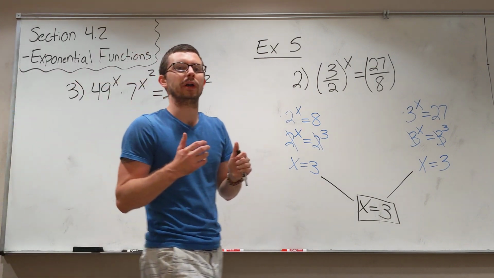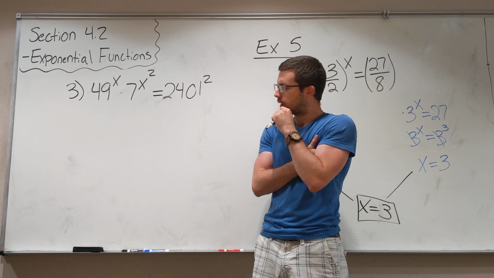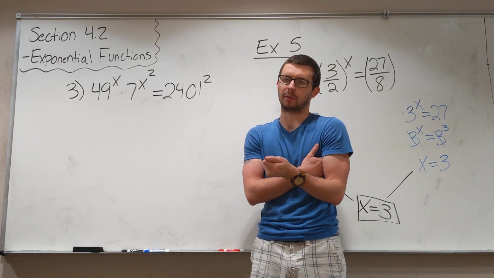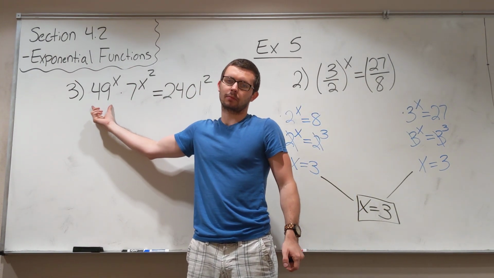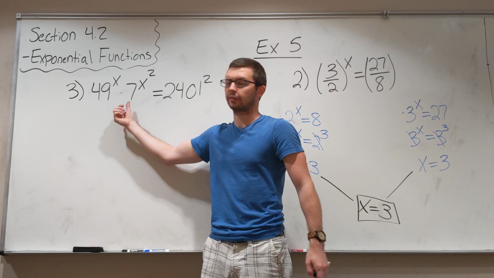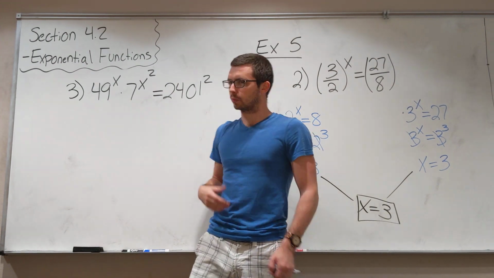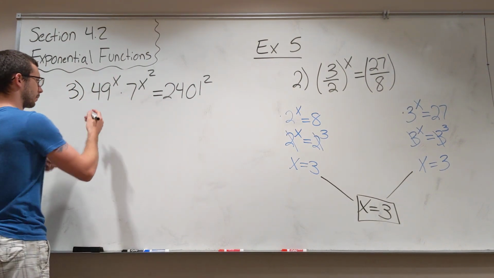So we need to figure out a way to make all of those one common base. Generally, the smallest number will be the most accessible as a base. So 49, for example. How can we drop down 49 to be 7? Because 7 is the smallest of all the bases here. So 49 is simply 7 squared.